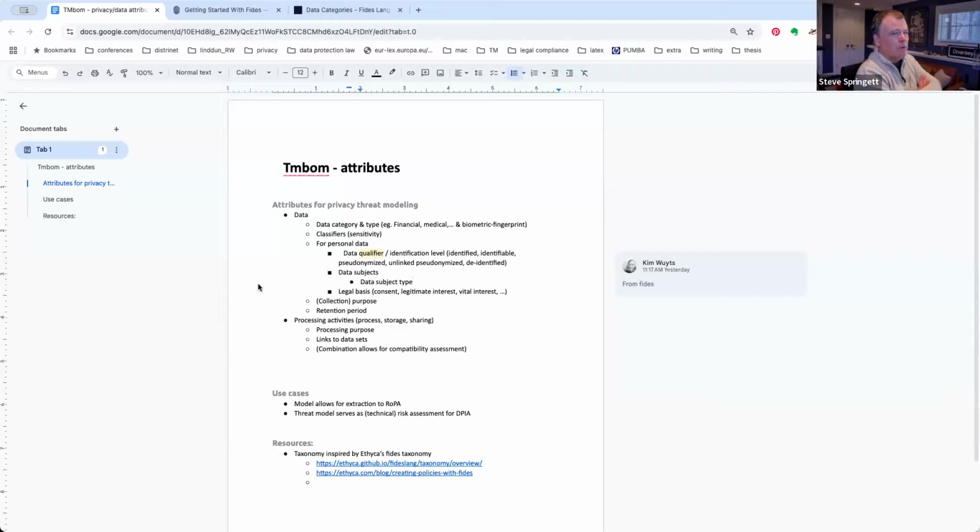So we could theoretically capture that, which would be really interesting. If we're doing a threat model on one thing, and a small part of that threat model is data that is undergoing processing, whether that is represented in the same threat modeling document or in a separate document, we should be able to link to that, which would be really interesting.